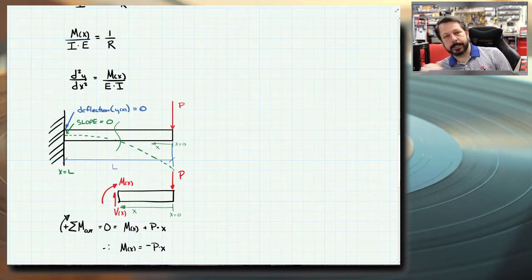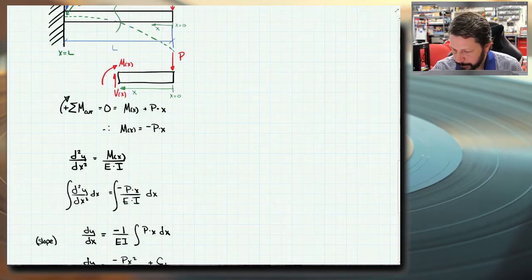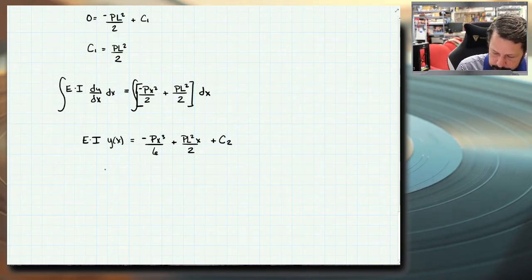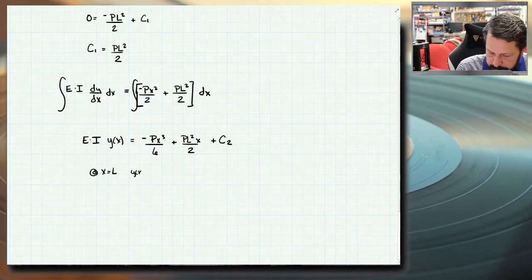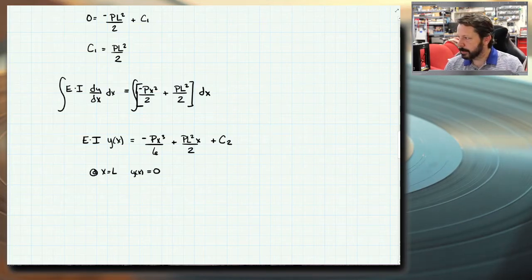So not only is the slope equal to 0 at the wall, but the deflection is equal to 0 at the wall. It's not moving up and down where it's bolted to the wall. Okay, so I can use at x equals L, y of x equals 0. So the whole left-hand side becomes 0 again.